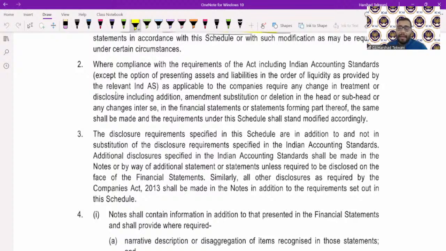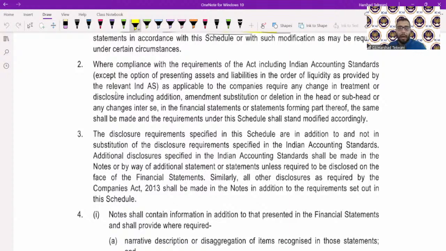So in that case, what division 2 of schedule 3 says is that when an Indian accounting standard says that you need to disclose additionally, then this schedule stands amended and you are required to disclose that particular portion in that way. So disclosure requirements of the Ind AS and Act will be given preference compared to division 2, and then you need to follow division 2 for the rest of the disclosure.